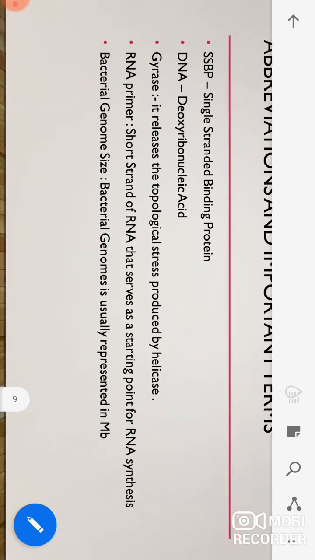Bacterial genome size: bacterial genomes are usually represented in MB, and in such genomes the gene density is high. If it is tiny, it is represented as KB, and the gene density is also high. If it is large, it is represented as GB, and the gene density is low.